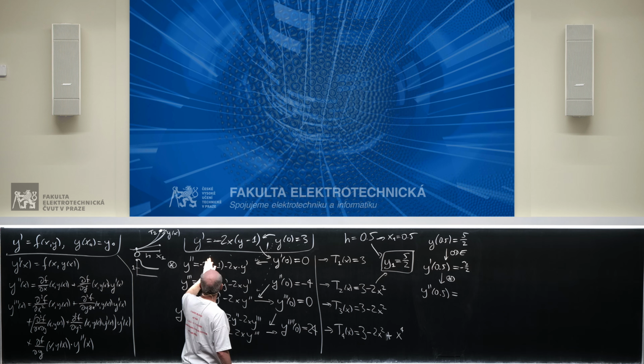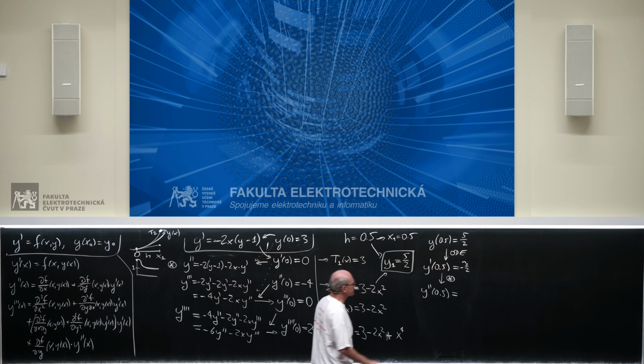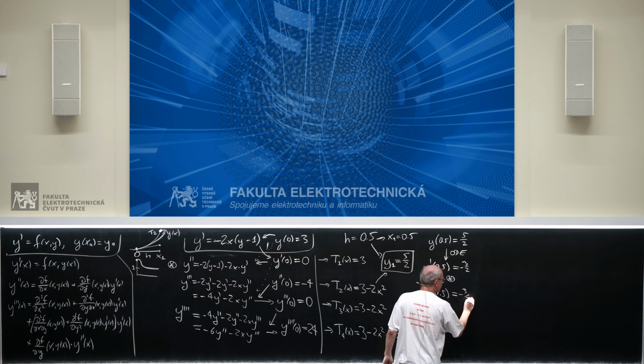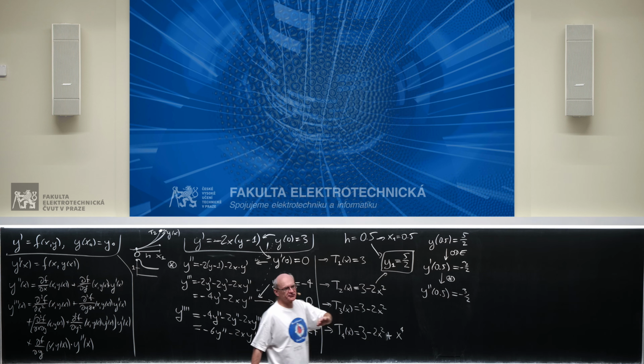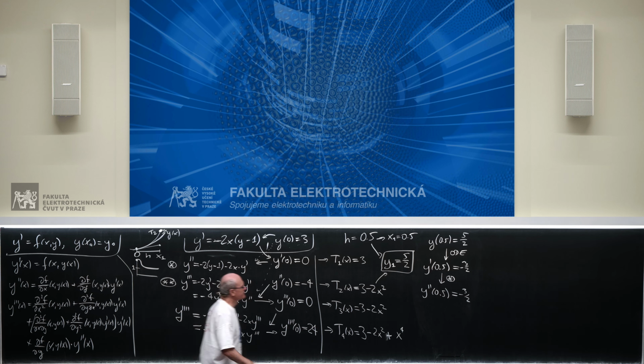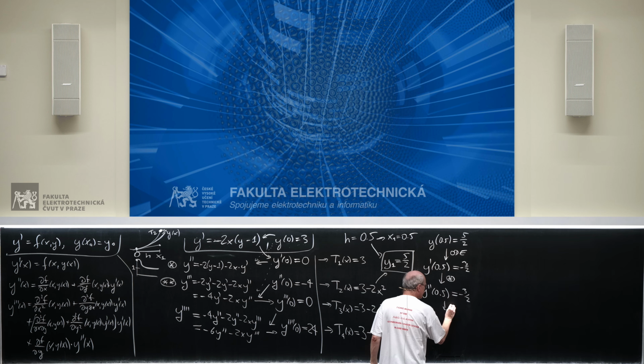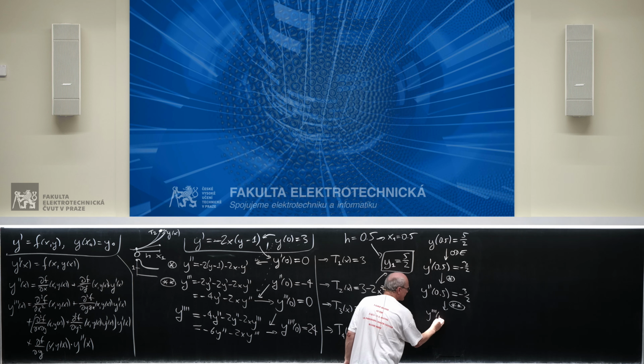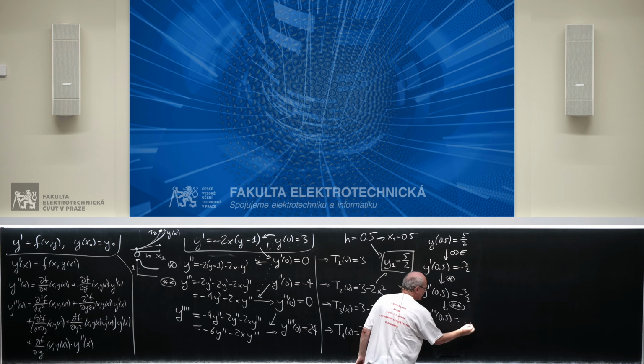Negative 3, okay, I think it's negative 3/2. Perhaps I've made a mistake. I don't care. This is not really crucial. Now I have enough data to substitute into the double star formula. So substituting into the double star formula, I obtain the third derivative at 0.5, and so on.